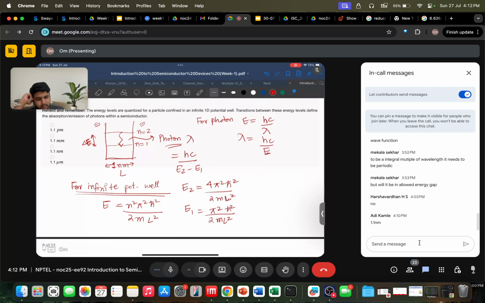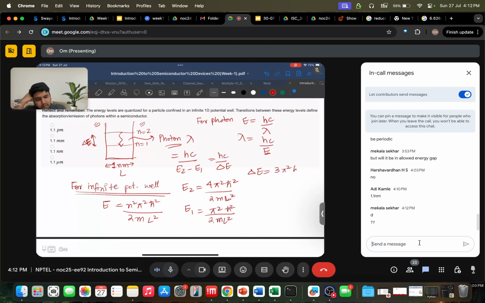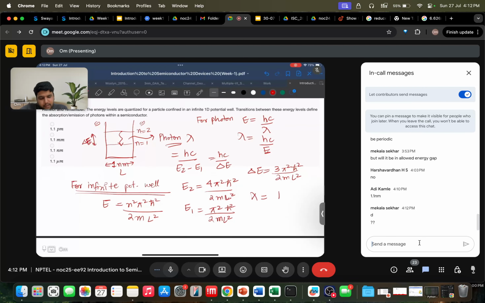So your delta E is 3 pi square h cross square upon 2 m L square. Lambda will be hc upon 3 pi square h cross square upon 2 m L square. I will replace h cross by h upon 2 pi.